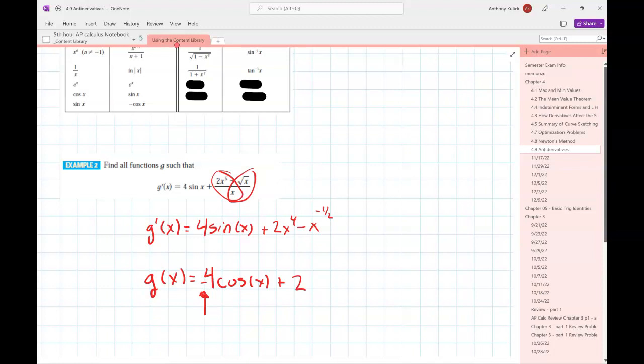So the antiderivative of x to the fourth is going to be x to the 4 plus 1 over 4 plus 1. I'm just going to show a little bit of work there. Everybody good with that? So I just ignored the 2. And I'm going to do the same thing with the x to the negative 1/2.